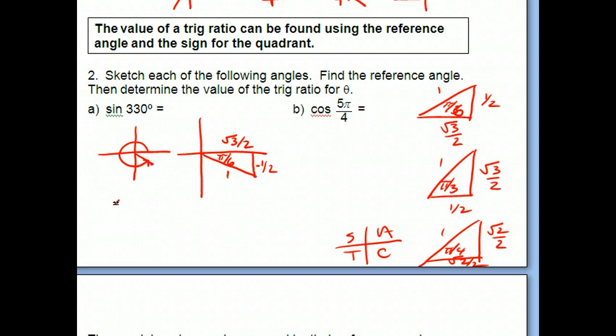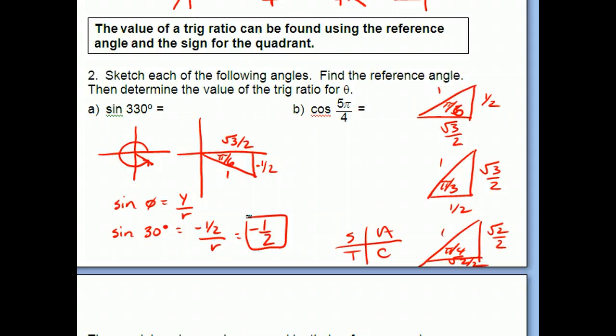And we know that sine of theta, any angle, is going to be our y over r. So sine of 330 degrees is going to equal our y, minus 1/2, over r, or simply minus a half. Okay, and so does that make sense? Sine is definitely supposed to be negative in our fourth quadrant, so there you have it.